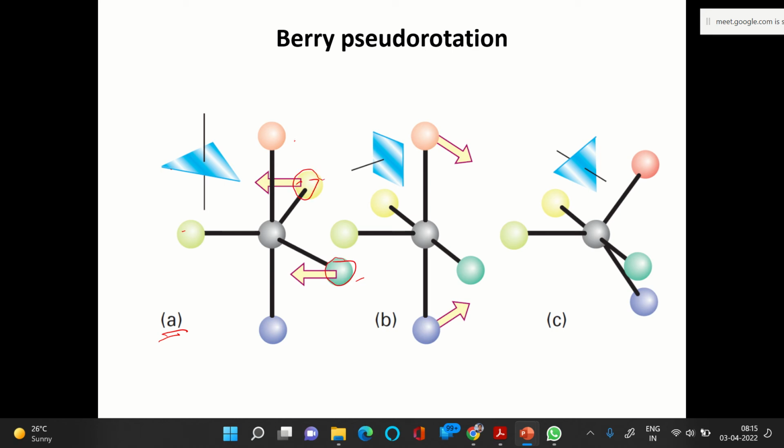Look at them, they will move along the direction of the arrow, and what you will get is the second picture, B. Now see this, the green one has moved towards the left, and now the green and the yellow are aligned. And if you look very carefully, these four are in one plane.